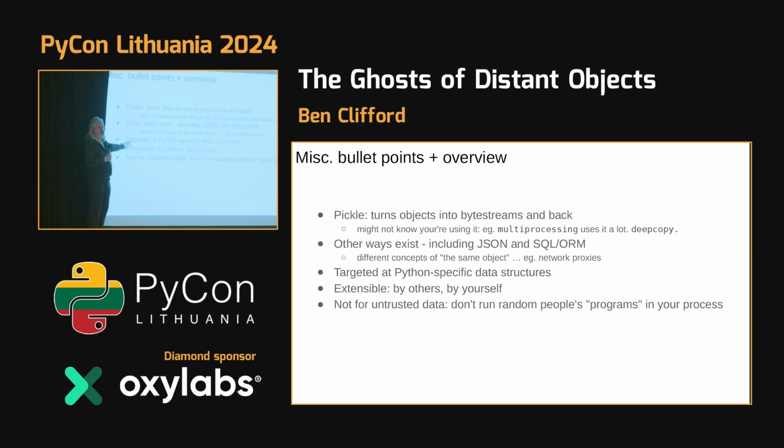So to deserialize that stuff in any other language would be really hard because it's got to be able to execute arbitrary Python code. It's very extensible. There are libraries of extensions you can get like dill. You can extend it yourself. Don't run random people's programs in your unpickler though.